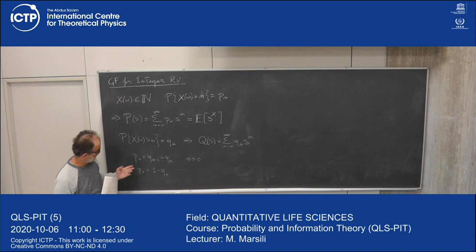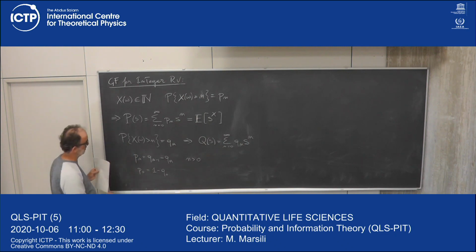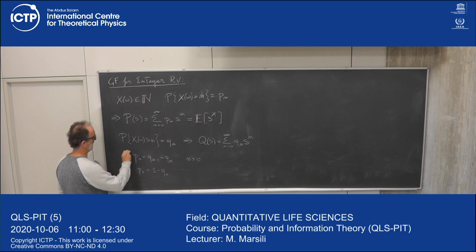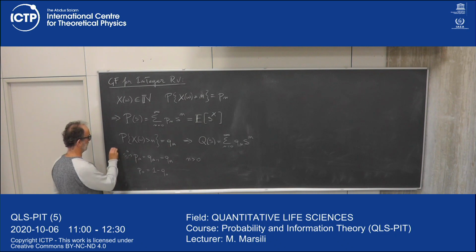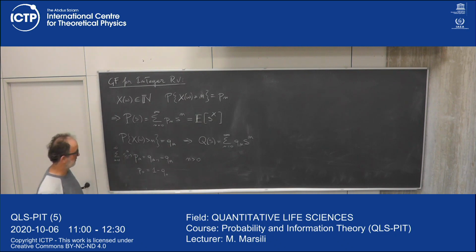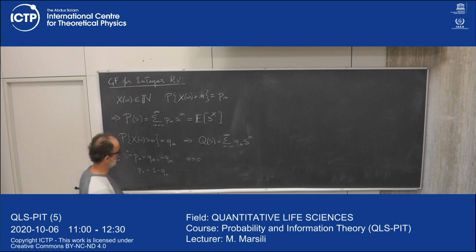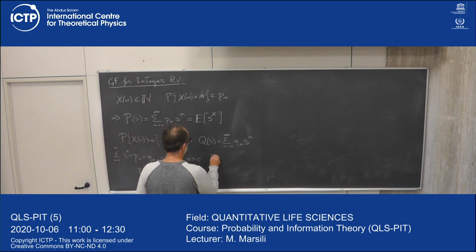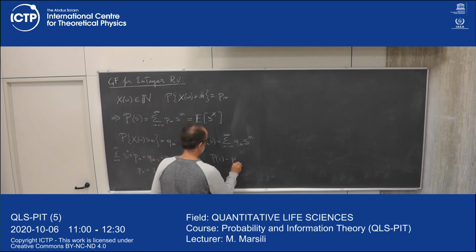And so if you use these two equations, you multiply this by s to the n, and then you sum over n from 1 to infinity. Well, what do you get? On one side, you get P of s minus P of 0.